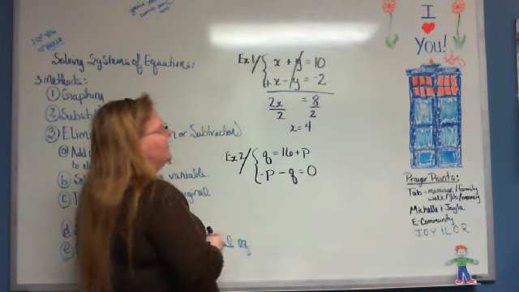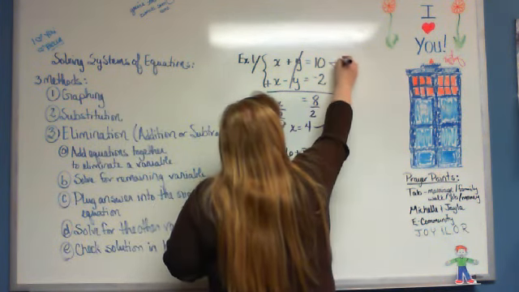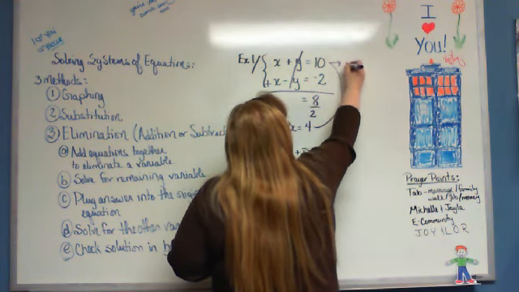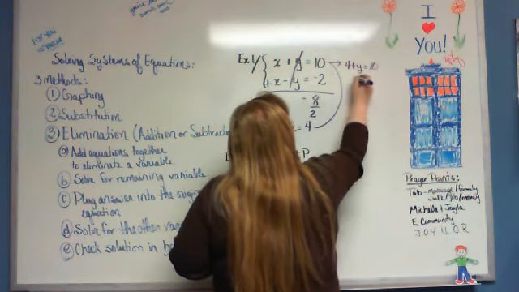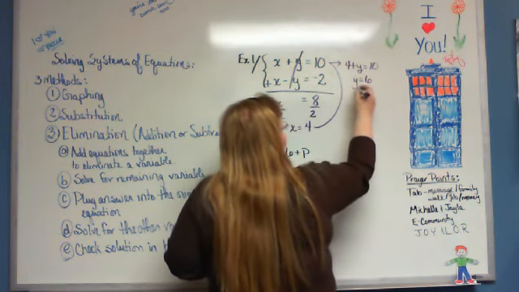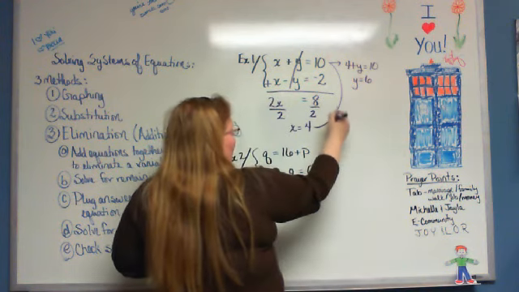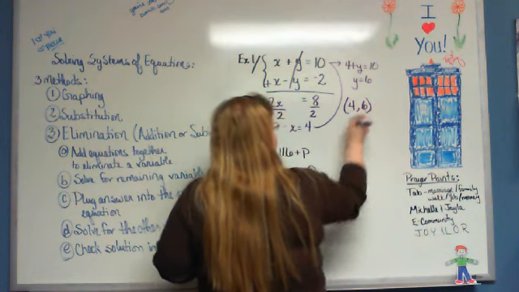Just saying. Now that we know that x is equal to 4, I can take this back up here and plug it in and say 4 plus y must equal 10, which means y has to equal 6 because 4 plus 6 equals 10. Now that I know that x is 4 and y is 6, that gives me the point (4, 6).